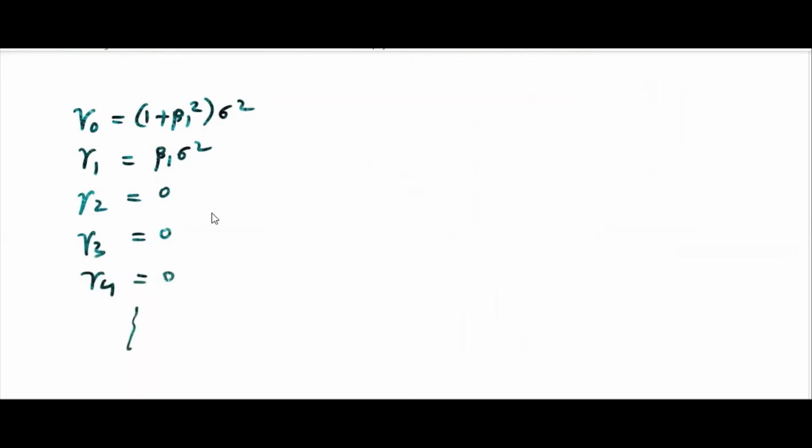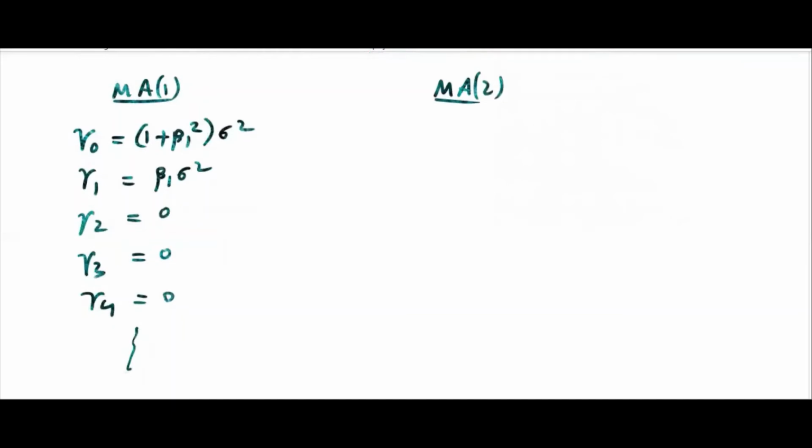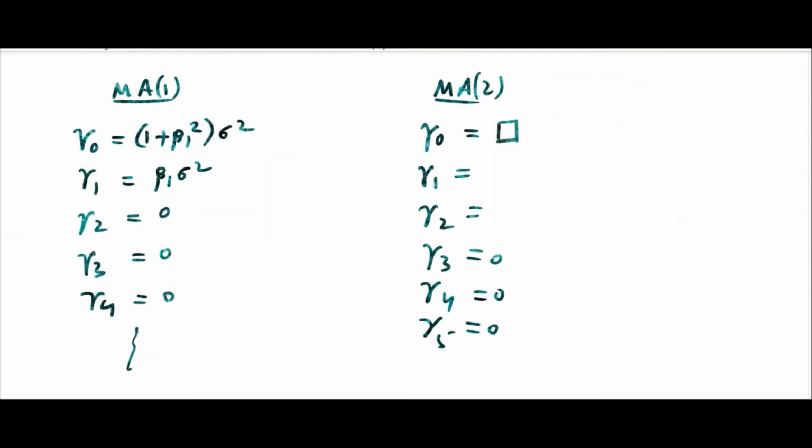It will continue. Even if you consider MA2 process, this is MA1. If you consider MA2 process, you will observe gamma 0 will be something, I am not writing that here. Gamma 2 will be something, but from gamma 3, gamma 4, gamma 5, all will be 0. You will get only values here.